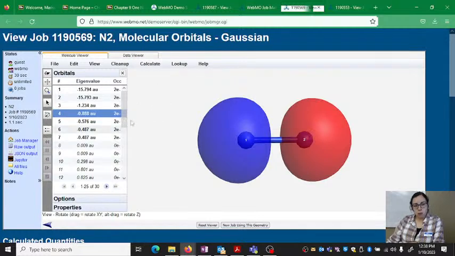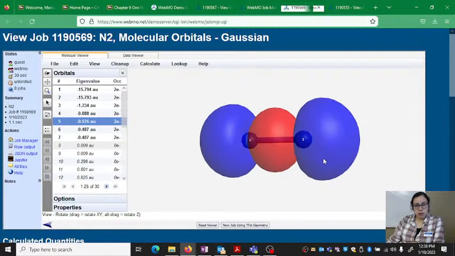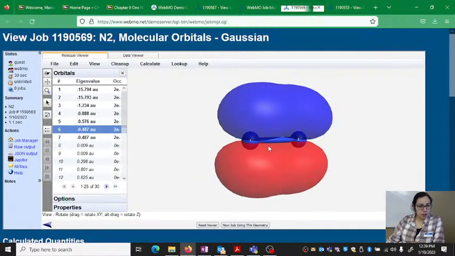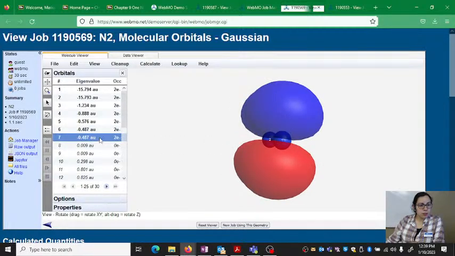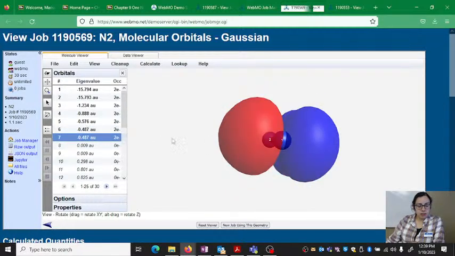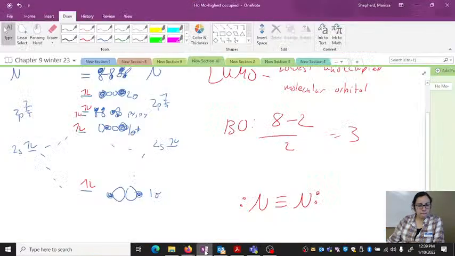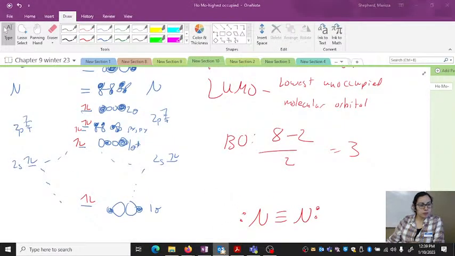It depends too on what basis set you use and all that. Or maybe there's not as much mixing as we think. And so there's your PZ. And then you can tell these are 2 degenerate P bonding.